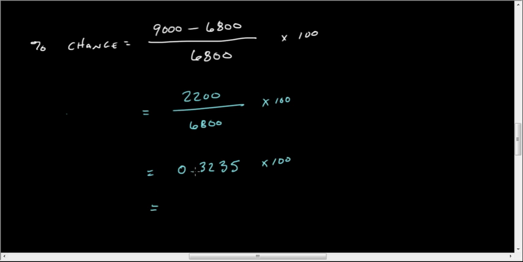That's going to move the decimal place 2 spots. It's going to give me 32.35%. And so I cut it by 24%, but if I want to re-contribute, I have to increase my contributions by 32%.